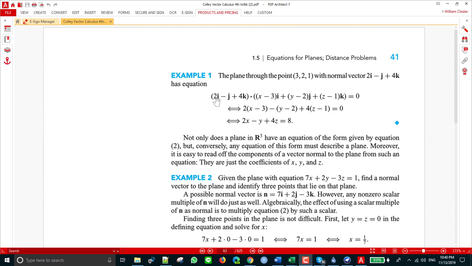Those coefficients are the components of the normal vector, so the normal vector must be 2, negative 1, 4.